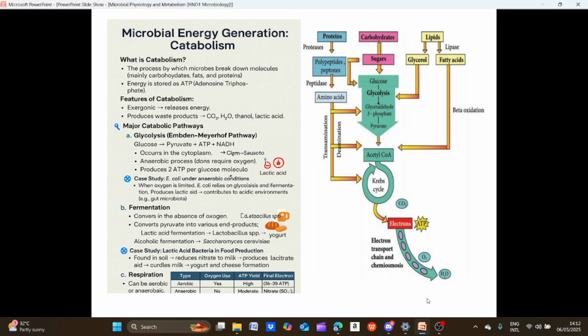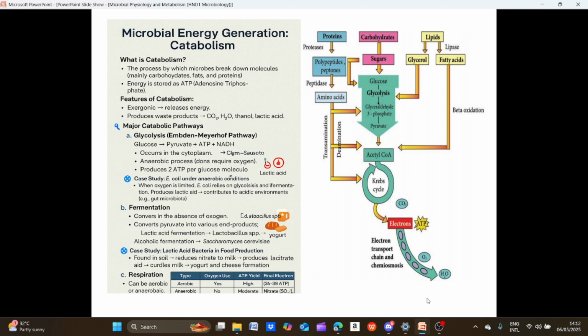Now, if we look at what we have here, we can see how microbial energy goes into generation of their catabolic products. So, what is catabolism? This is a process by which microorganisms break down molecules, especially carbohydrates, fat, and protein.